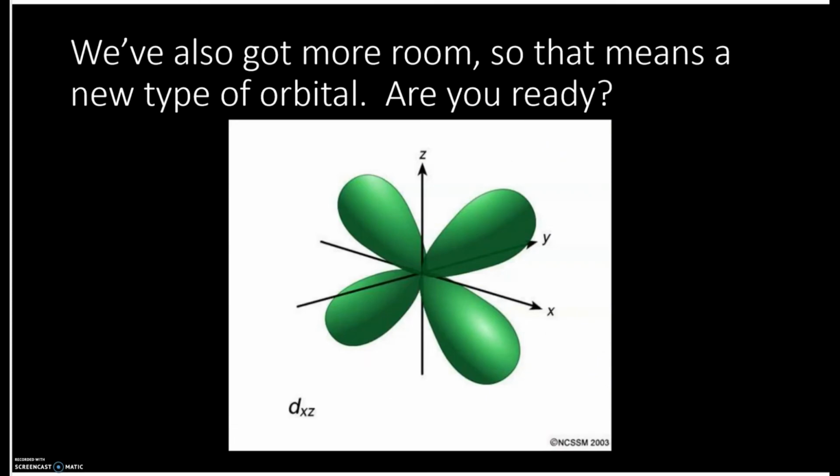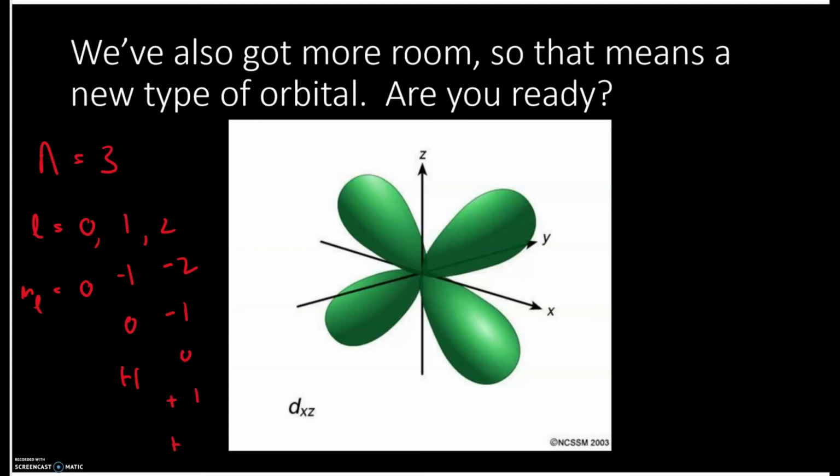Here is the new type of orbital we're only going to see at energy level 3. When n equals 3, there are 3 possible values for L, and of these values for L, you can have 1 value for m sub L when L equals 0, 3 possible values for m sub L when L equals 1, and now you can have 5 possible values for m sub L when L equals 2.